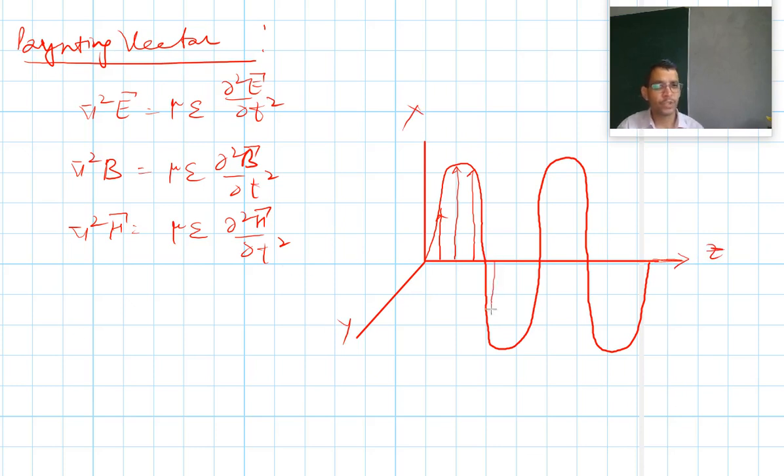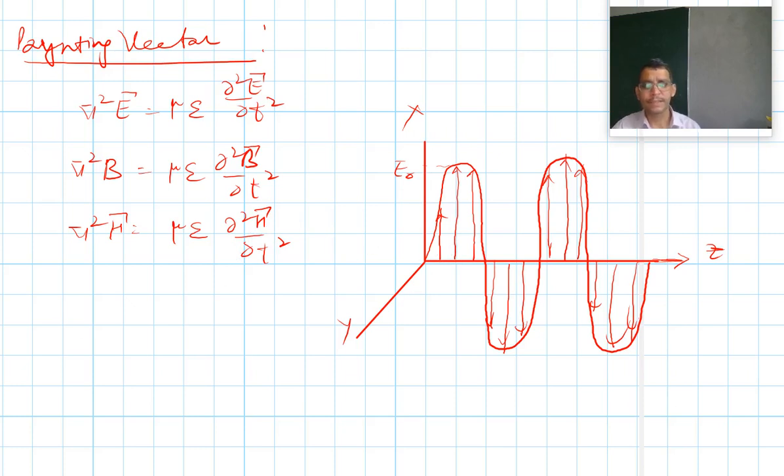So this is the variation of the electric field, and say the maximum amplitude of the electromagnetic wave is E0.